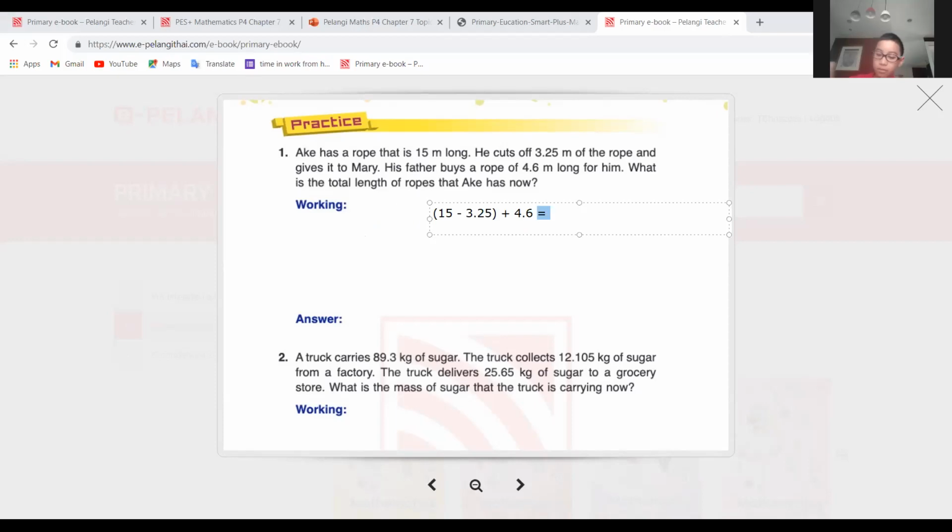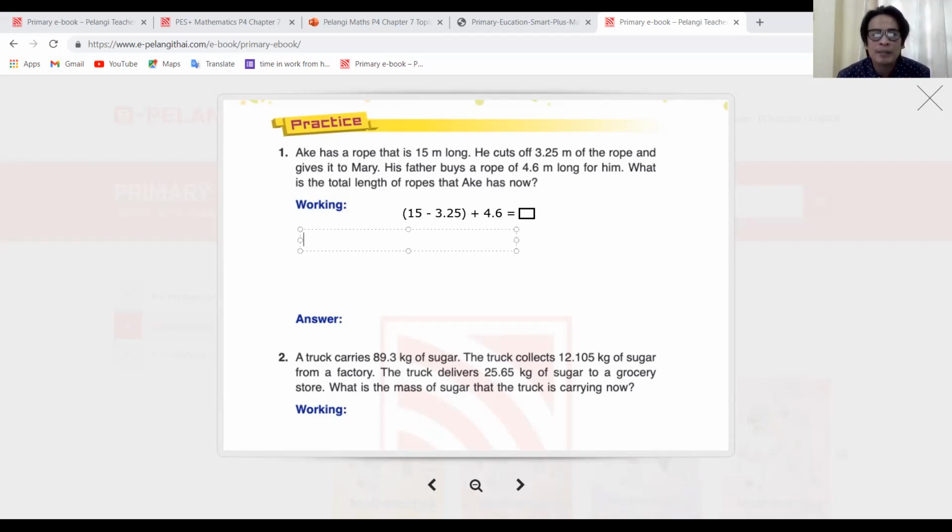Yes. Okay. I'm going to use a rectangular shape. Or I'd rather use the normal way, the usual way. Sentence is better.